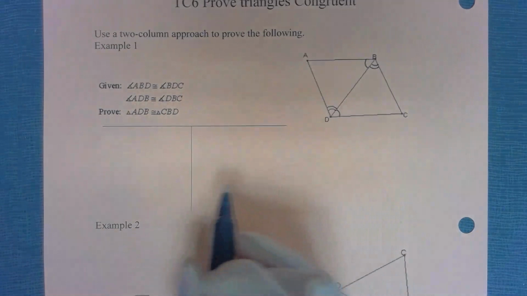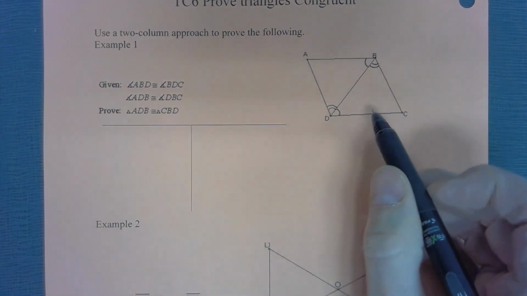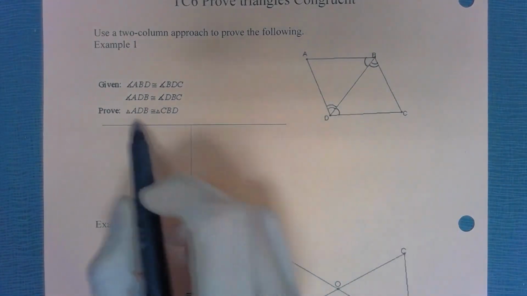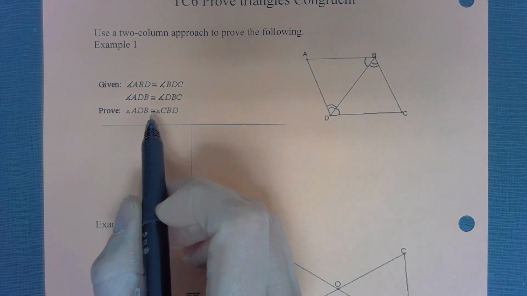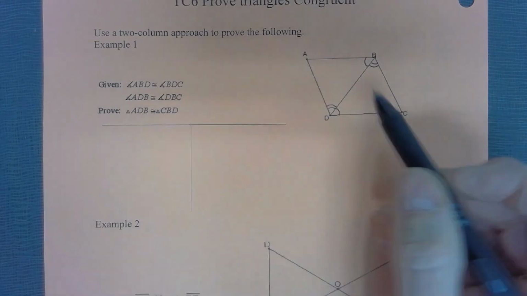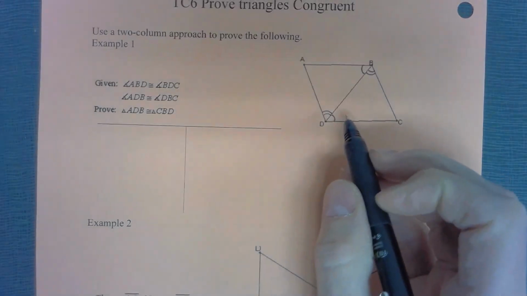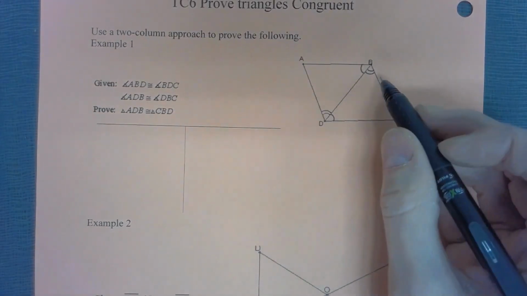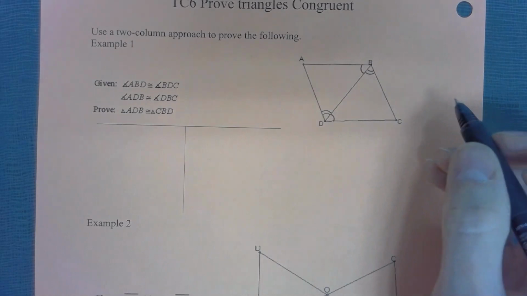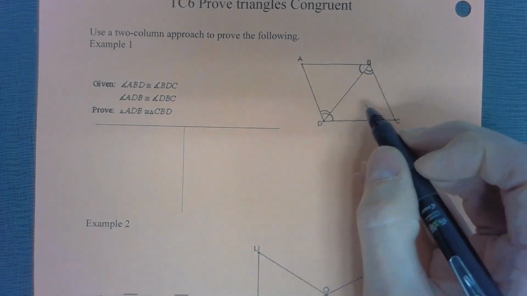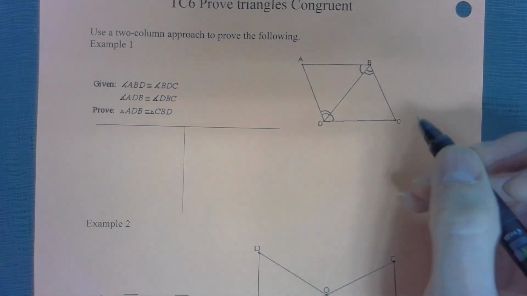Before I write anything else, we're going to come up with a strategy for how we're going to show that the triangles are congruent. We're going to do it using the congruence shortcuts. So we think about the shortcuts that include two angles, either AAS or ASA, and we look to see if there are any sides that we could show are congruent.